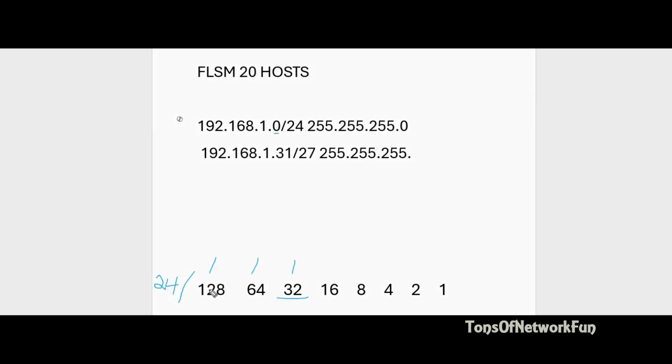So we just need to add 128 plus 64 plus 32, and we stop at 32 because that's the last bit we borrowed. 128 plus 64 is 192, plus 32 equals 224. So our new subnet mask is 255.255.255.224.